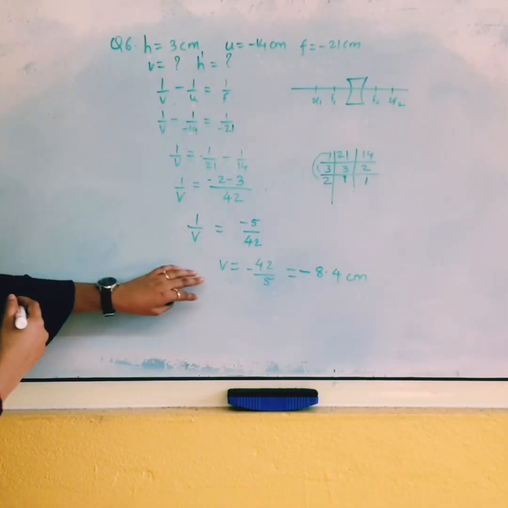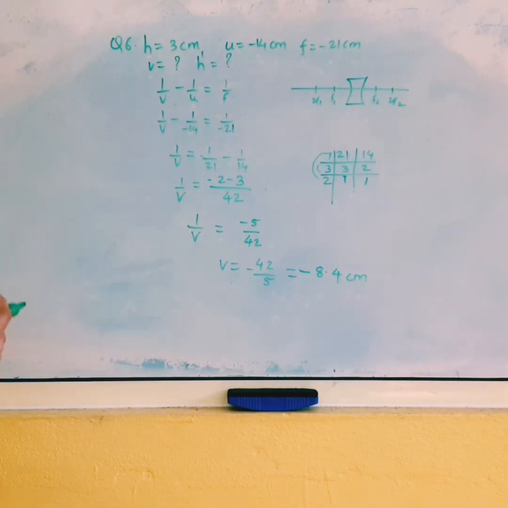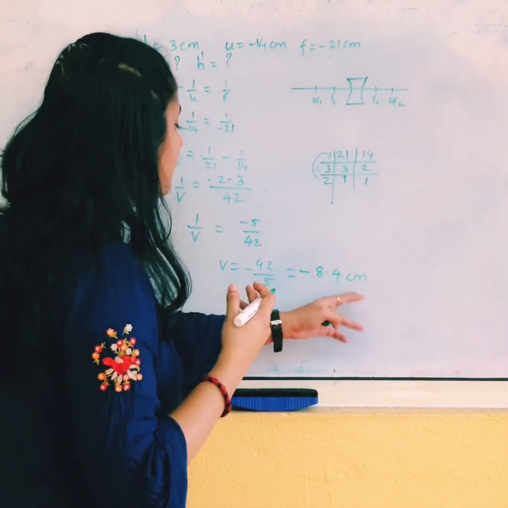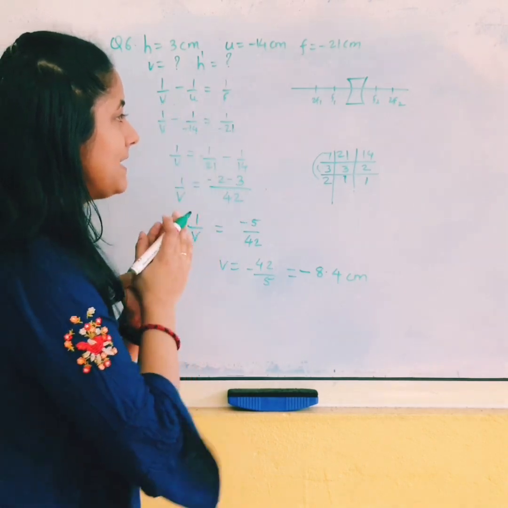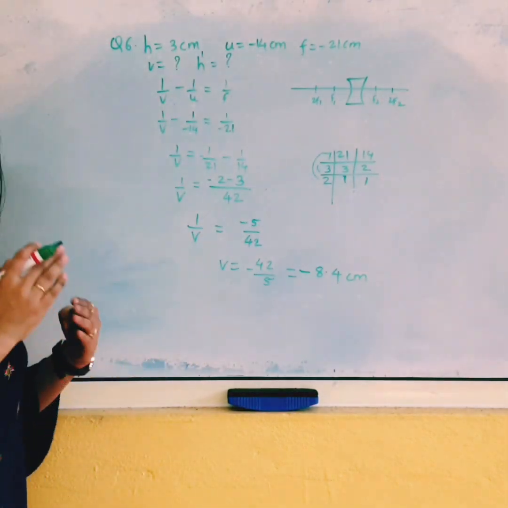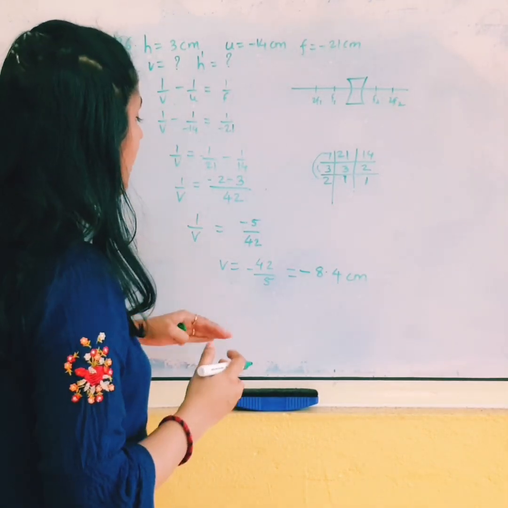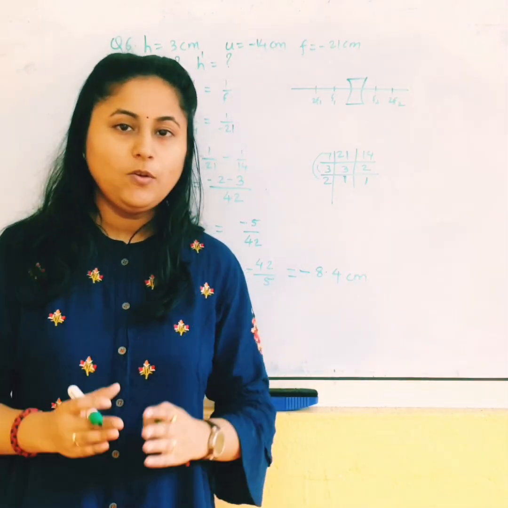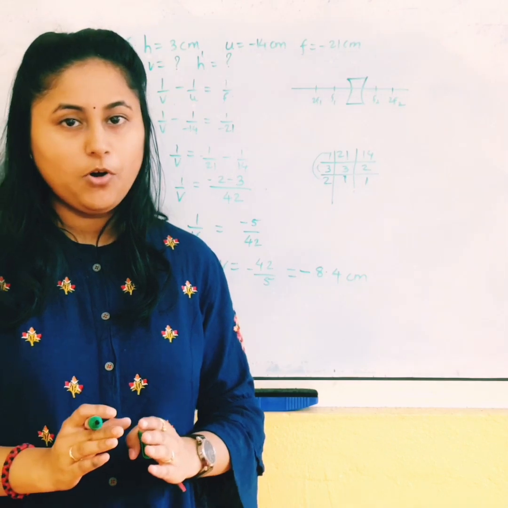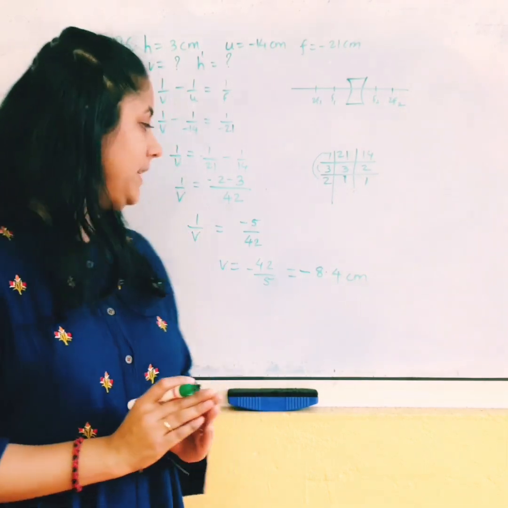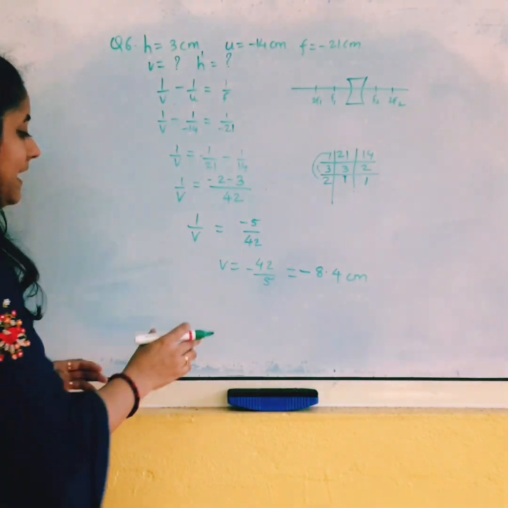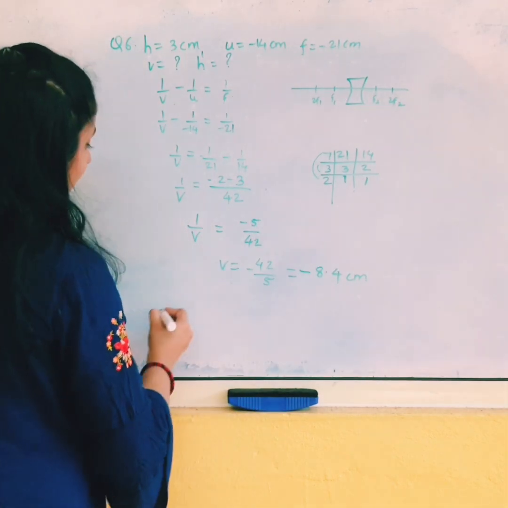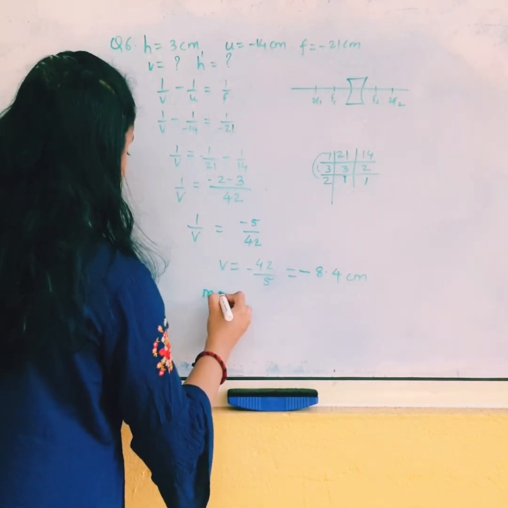Now as you can see, it is negative 8.4 centimeter, so it is formed on the same side. That means it is virtual and erect. The image which is formed is virtual and erect. You have to write this. Otherwise also for a concave lens, you know that the image which is formed is always virtual and erect. So you first write the description here, and after that we calculate the height of the image.